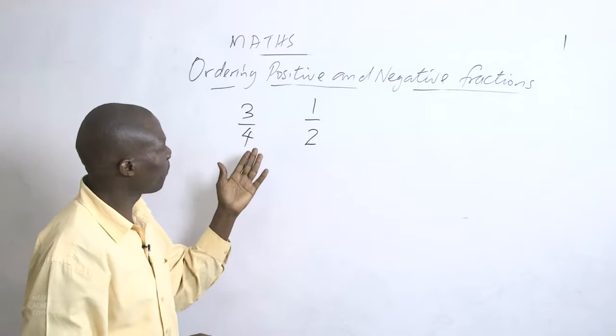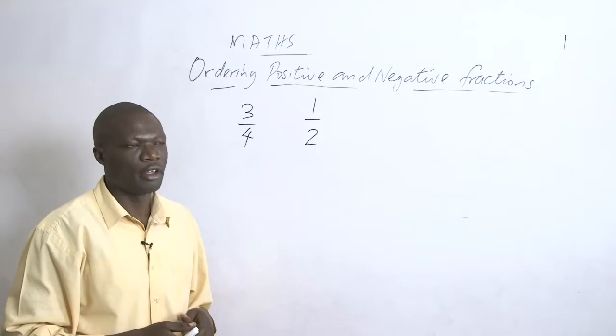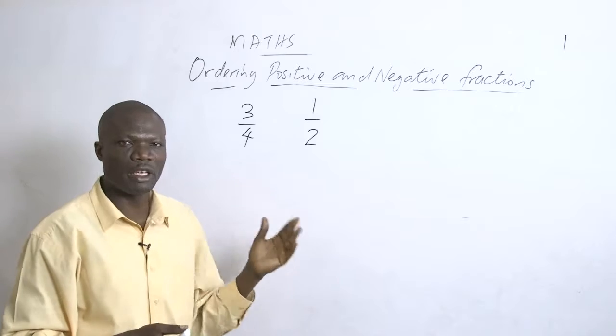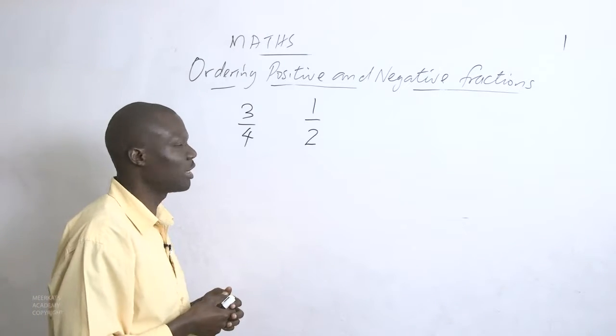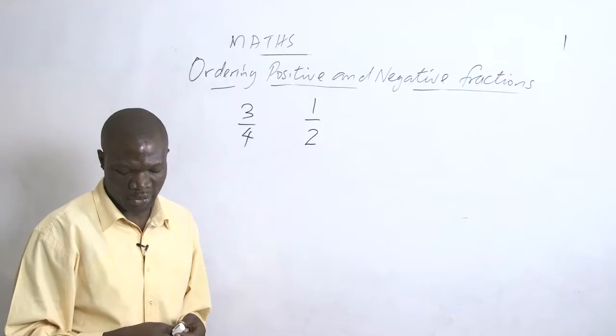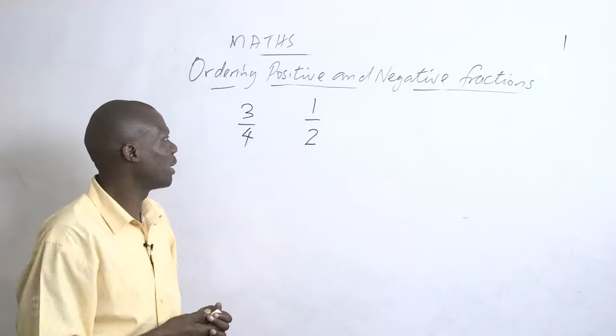Now, before we choose the order, we need to know between 3 over 4 and 1 over 2, which one is larger, or which one is greater than the other.